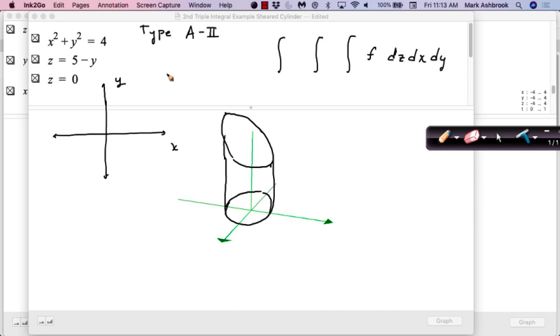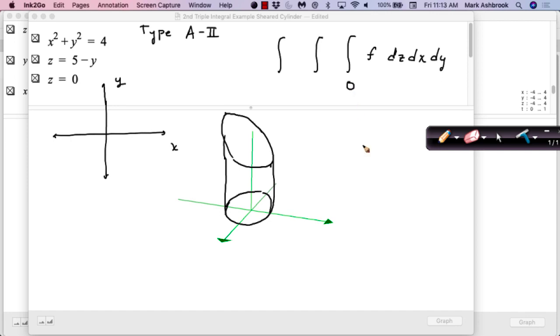Hopefully this was pretty smooth sailing. DZ means the archer is shooting which way? Underneath, shooting straight up, right? So I'm underneath here. Does it enter through one surface or more than one surface? Only one surface. What surface is that? z equals 0.